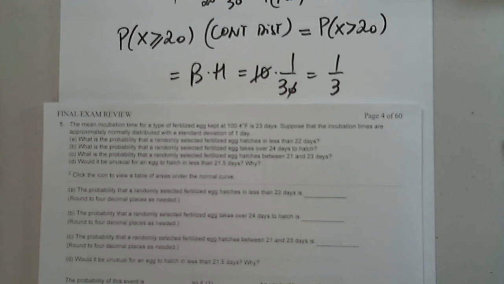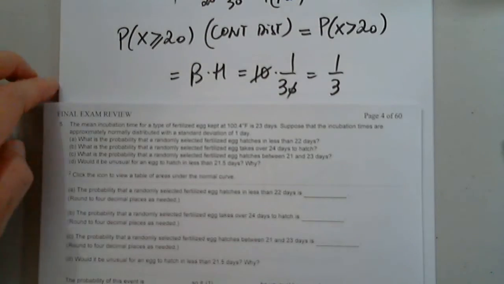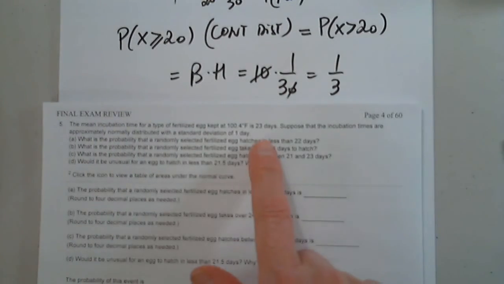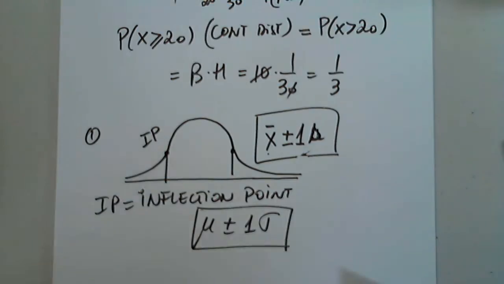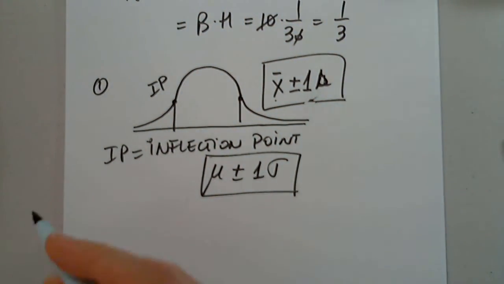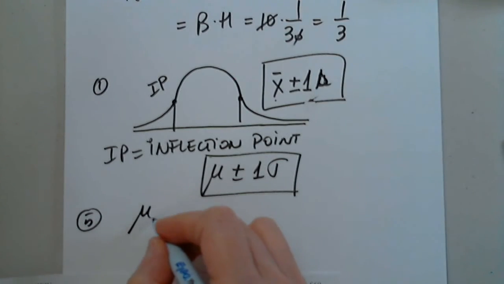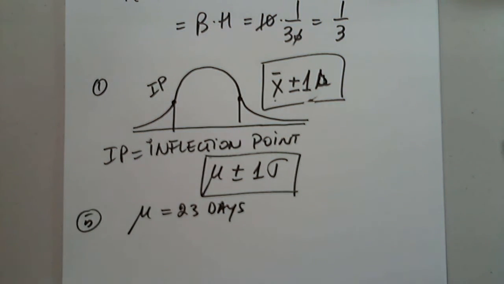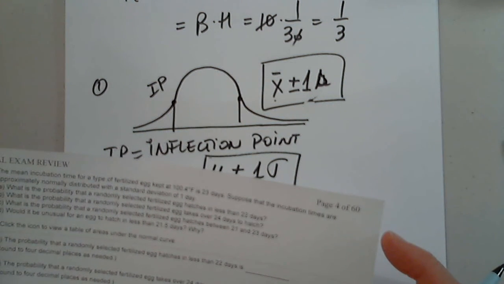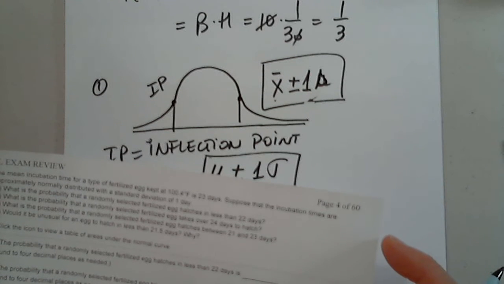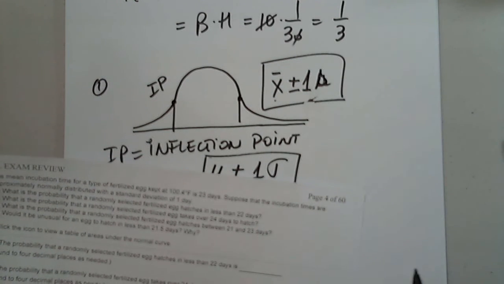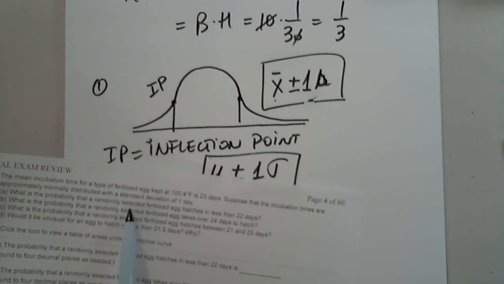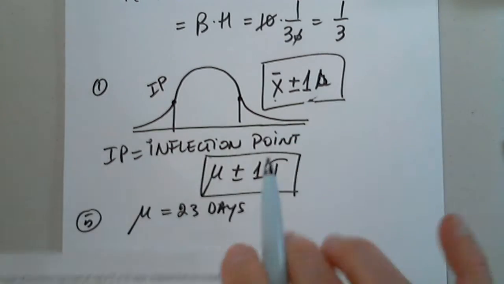Don't worry about it. The mean incubation time for a type of fertilized egg kept at 100.4 degrees Fahrenheit is 23 days. So we have to stop for a moment and take notes, right? So this is problem 5. The mean incubation time, mu equals 23 days. Let's go on. Suppose that the incubation times are approximately normally distributed with a standard deviation of 1 day.